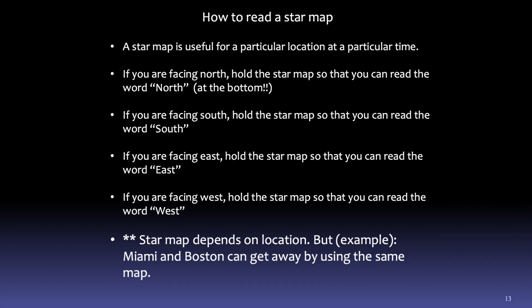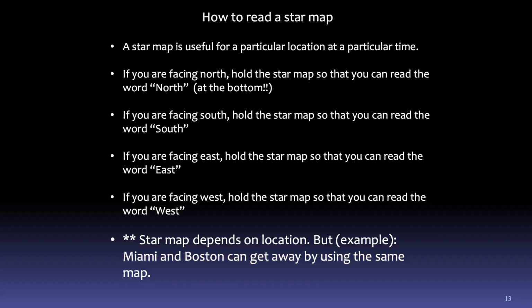And by the way, a star map of course depends on location. Imagine someone at the North Pole versus someone in Singapore; they're going to see the sky very differently. However, it gives you a sense of the scale of the entire Earth. Even Miami and Boston, two cities that you think are very far away from one another in the United States, more or less can get away with the same map.